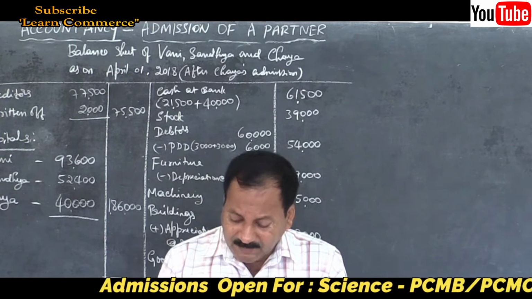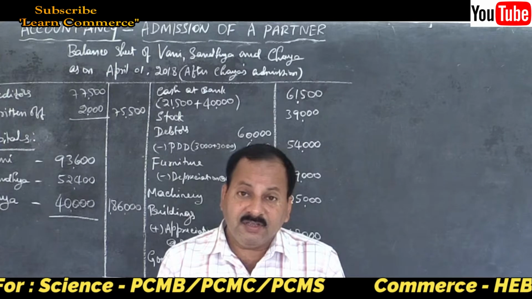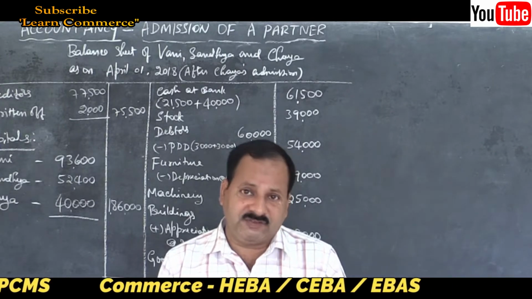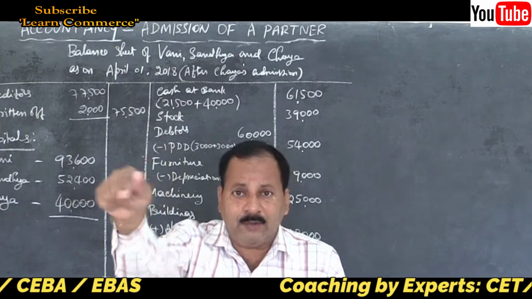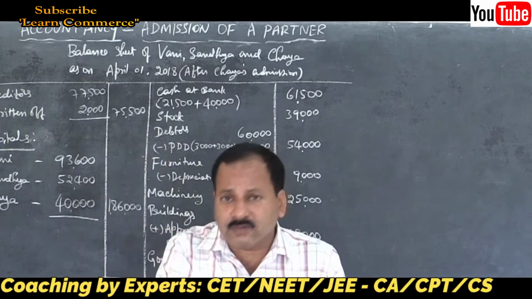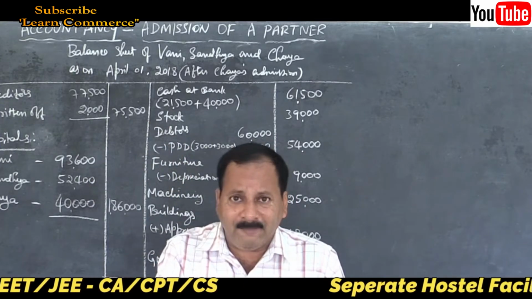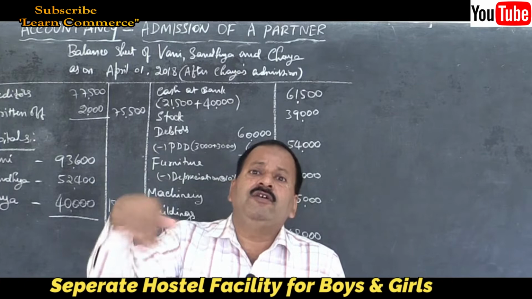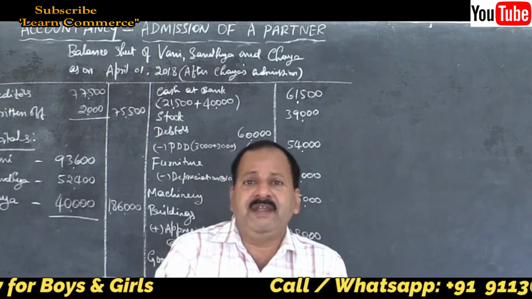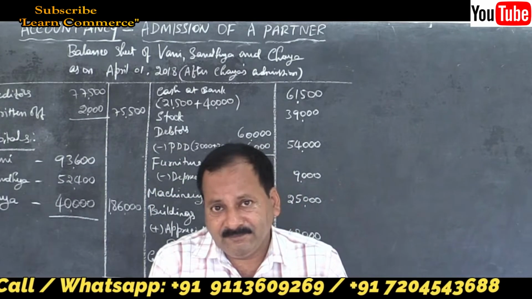Here it is prepaid rent. Expenses paid in advance, meaning rent paid in advance, which is not due. We need not have to pay, but we paid in advance. Maybe the next month's rent is paid in advance this month itself.